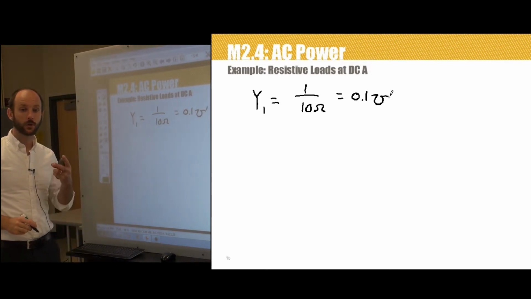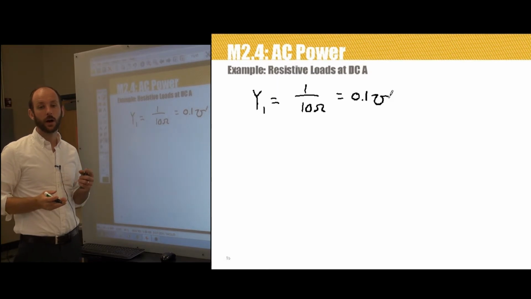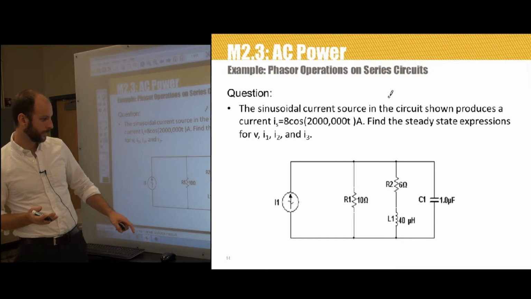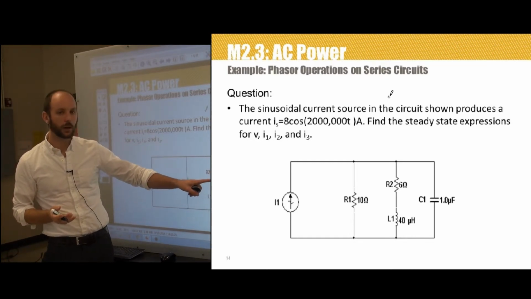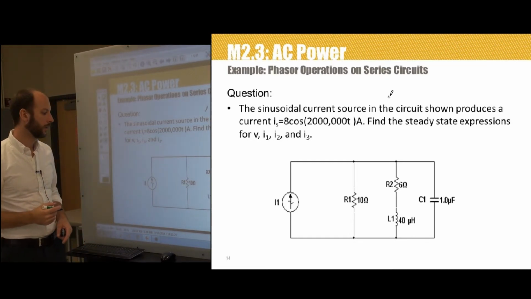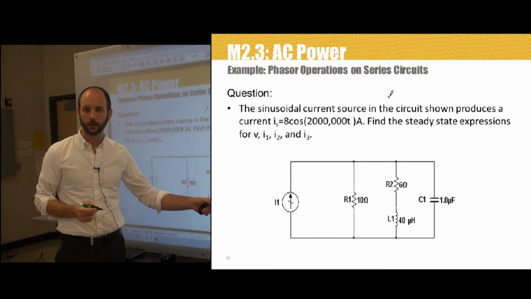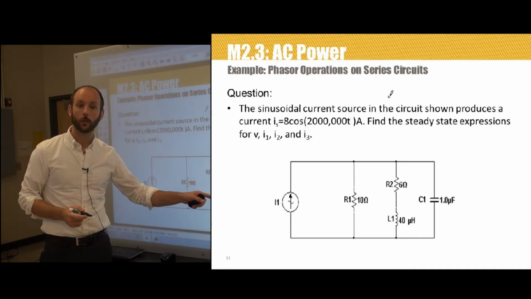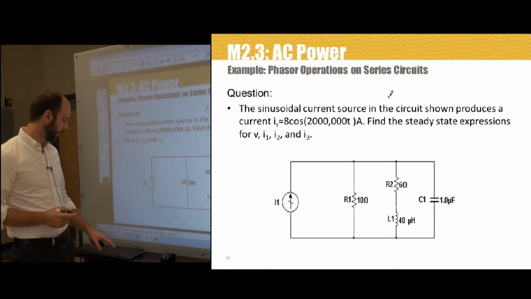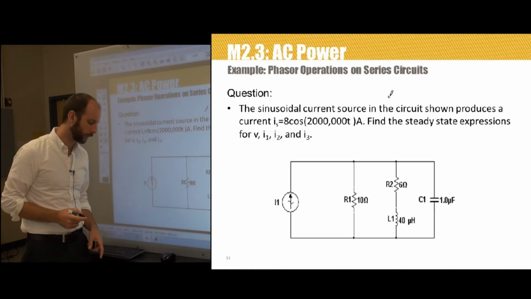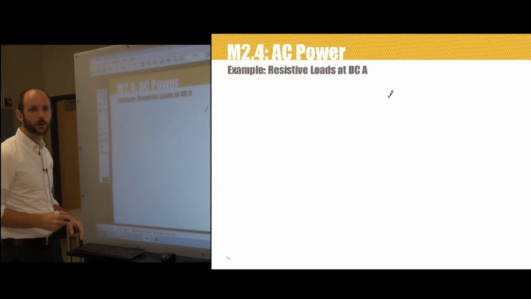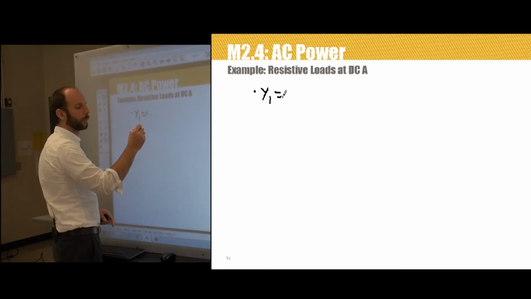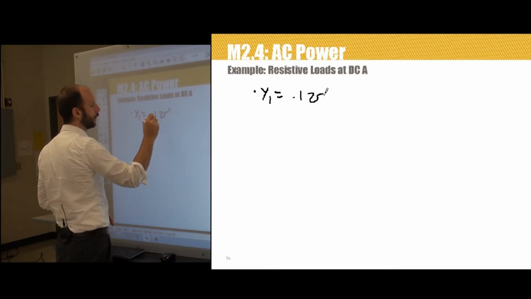Okay, Y2. There were two components, an 8 ohm inductor and a 6 ohm resistor. You can verify for yourself that it turns into an 8 ohm inductive reactance using j omega L, where omega is that value right there, for a 40 microhenry inductor. So Y1 equals 0.1 mhos.